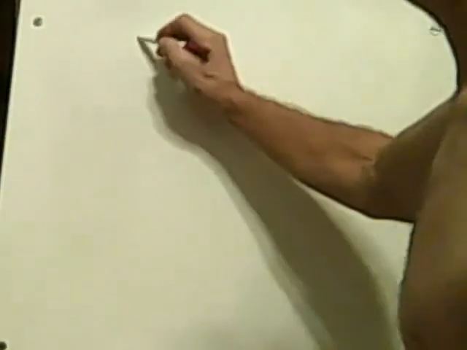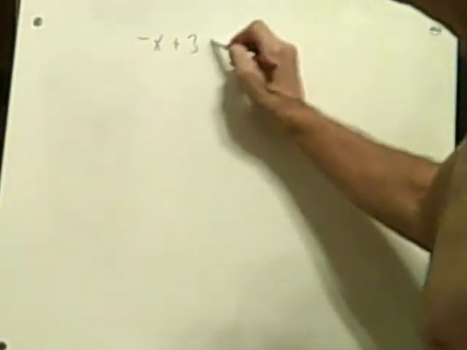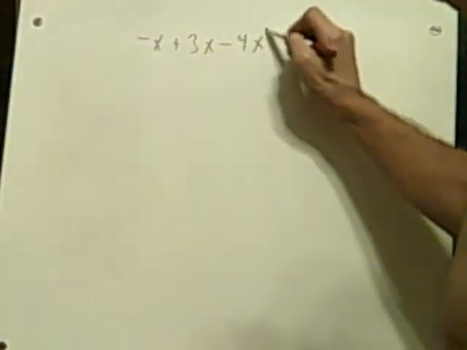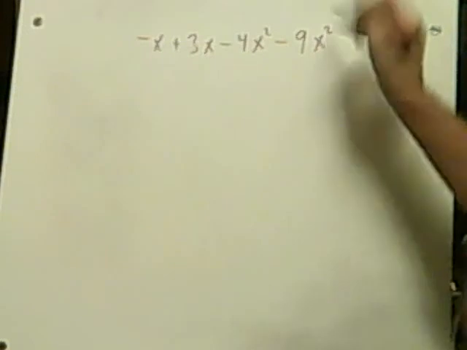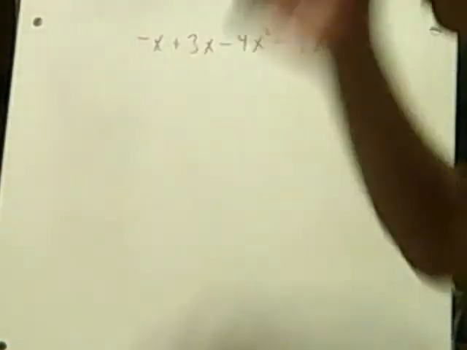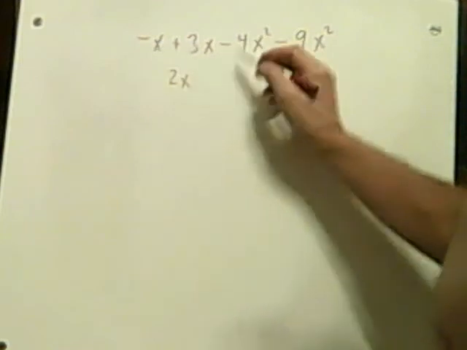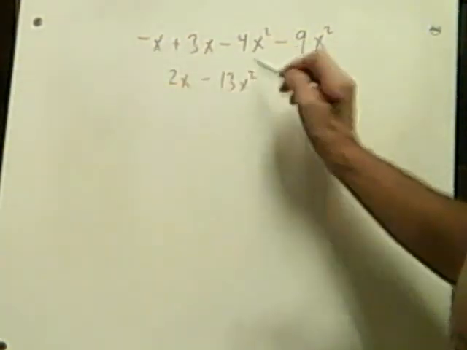Number 20 says simplify each polynomial by combining like terms. We've already been doing this on all of the homework assignments up to this point, so I'm a little surprised they're asking us to do this now, as if we didn't already know how to do this. The idea here is 3x and negative x is 2x. Negative 4 and negative 9 is negative 13x squared.